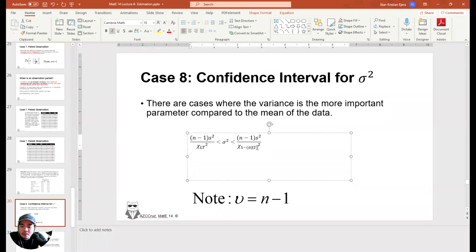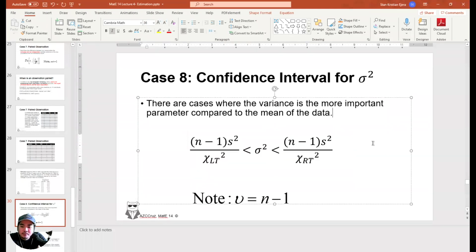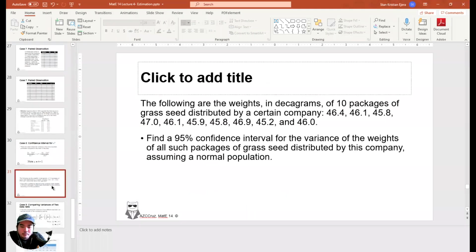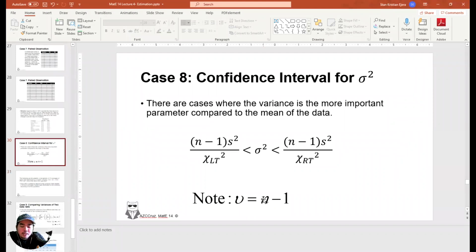And this is the chi-square value for the right tail. Ayan. Think ko mas madaling maintindihan nyo kung ganito natin siya i-layout. Okay? Tapos, yung degrees of freedom natin is just equal to n minus 1. Okay, so let's try to determine yung confidence interval natin.